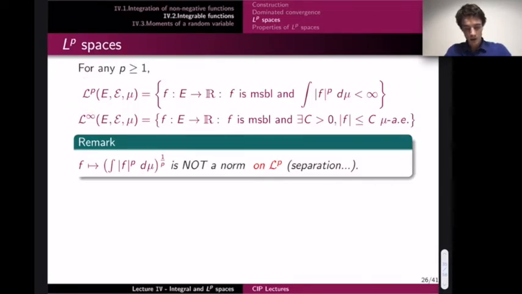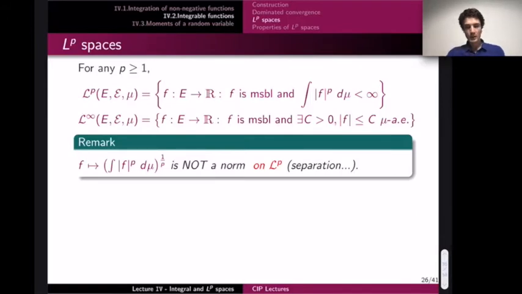We can do the same defining L^p for finite p always greater than 1, like this: the set of functions which are measurable and such that the integral of the power p of f is finite, and this is a vector space. You can do the same with L infinity, saying that it's a set of measurable functions which are bounded by some C for mu almost every x.